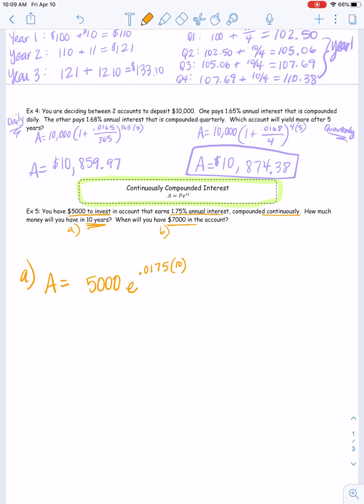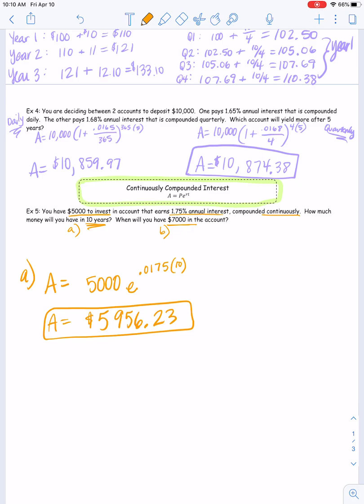It's not a variable. So 5,000 e raised to the 0.0175 times 10. I hit enter. My final amount is going to be $5,956.23. So after 10 years, I almost get $1,000 extra just for letting it sit in the bank.